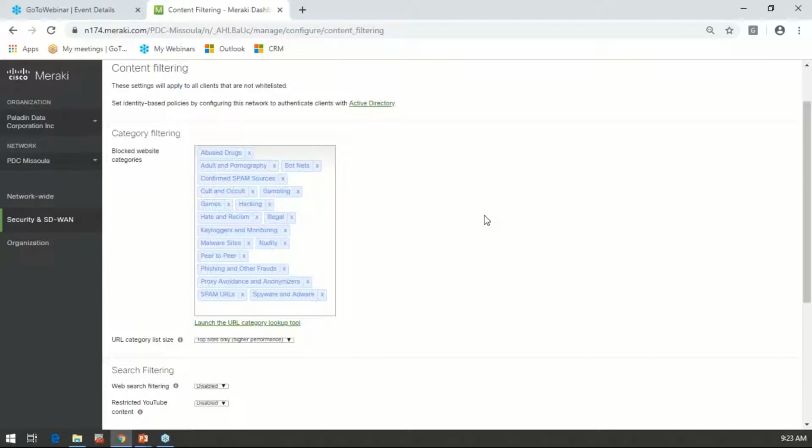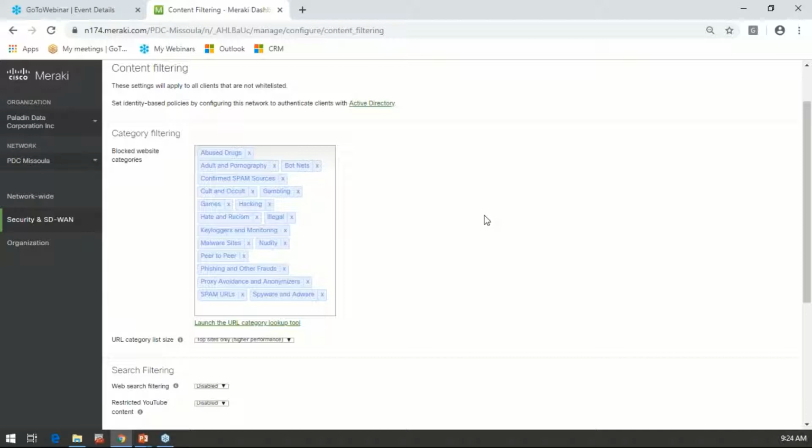But there are also sites like gaming and gambling that are very high bandwidth usage. So we want to optimize the bandwidth utilization so that as much internet bandwidth is left for business-related activities as possible. So that's the reason for a lot of these other sites being blocked.